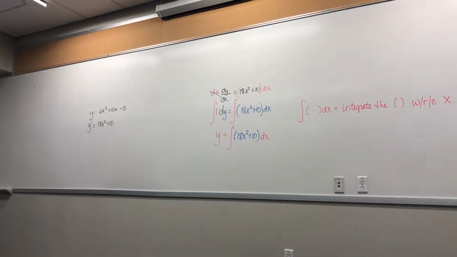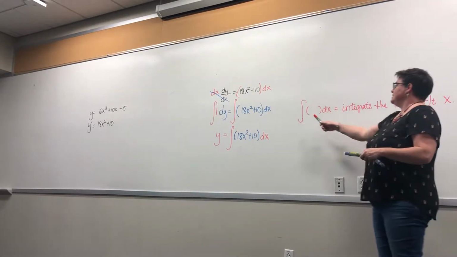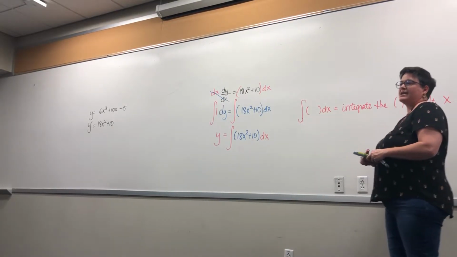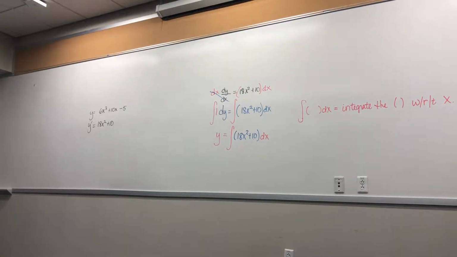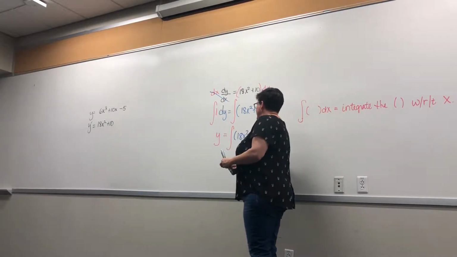WRT means with respect to. You guys should have seen that once or twice in my handouts. Okay? So this is a command. Integrate some stuff with respect to x. So now I've got some stuff I need to integrate, don't I?